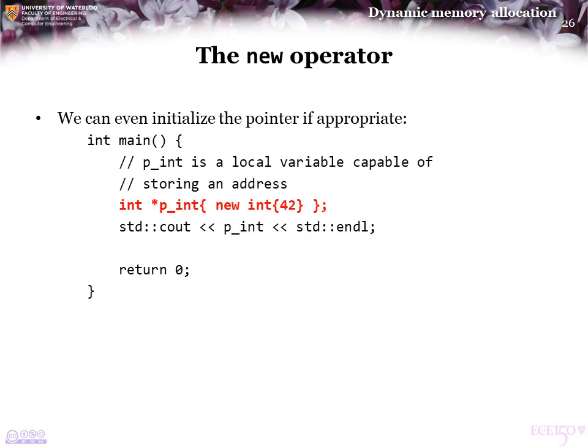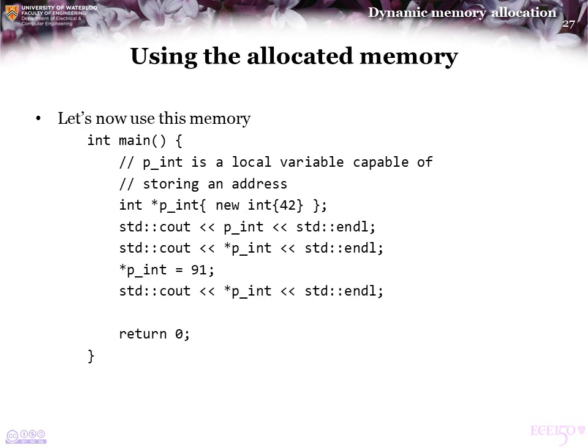Now, note that we can even use the new statement inside the initialization of the p_int variable's declaration. All right, next, we're going to use this memory. The compiler has given it to us. Let's do something with it.